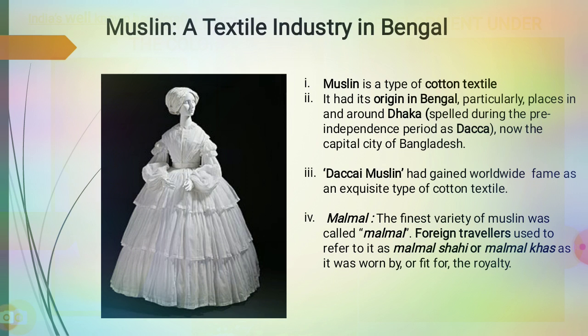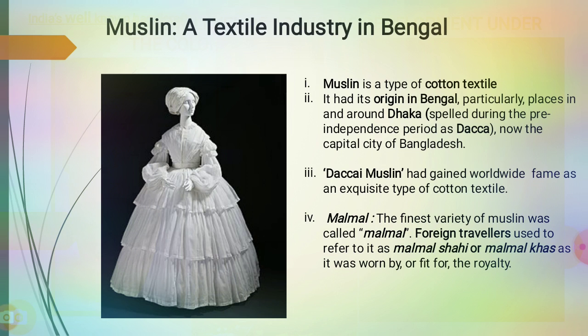That is why it was also known as Dhakai muslin, and it gained worldwide fame as an exquisite type of cotton textile of very fine quality. It was worn by the elite class, so it was very famous.